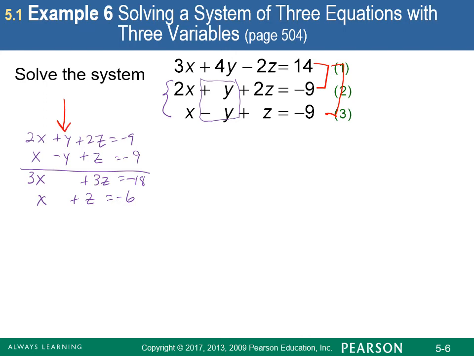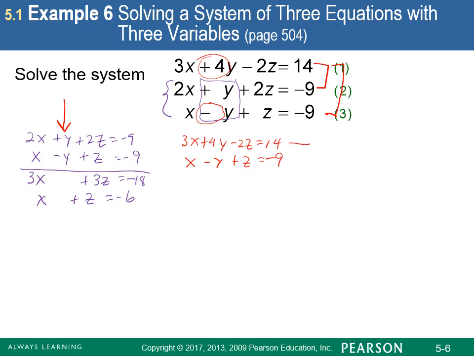So I'm looking at this top one, which we've got to use, and since there's a positive 4y, I'm going to choose the one that has a negative. So I'm going to use the top equation. I'll write that down. And the bottom one. And do the same thing that we just did.